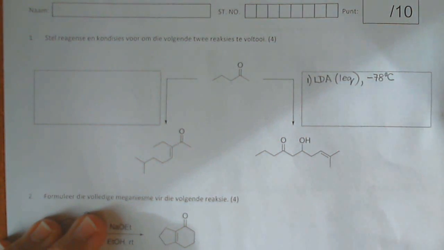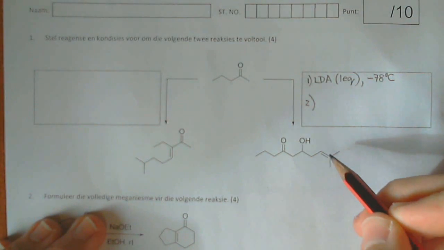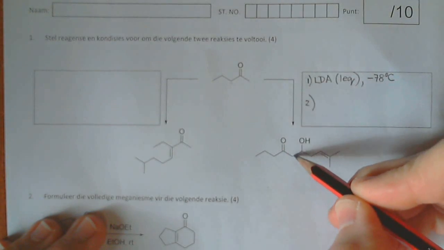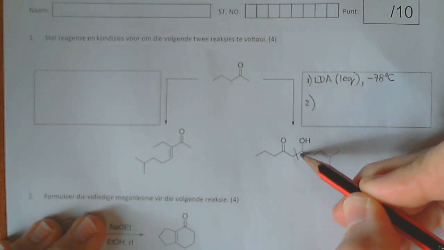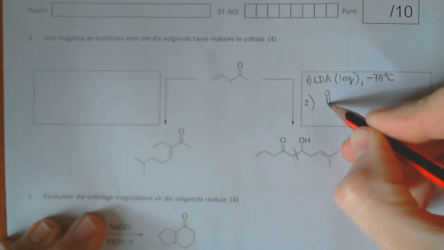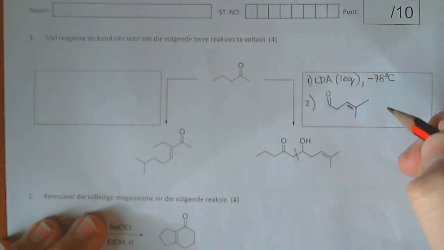Then the second thing is the electrophile that we need to add. This is the bond that's being formed over here, so the electrophile came from the aldehyde of this. It would have looked like that.